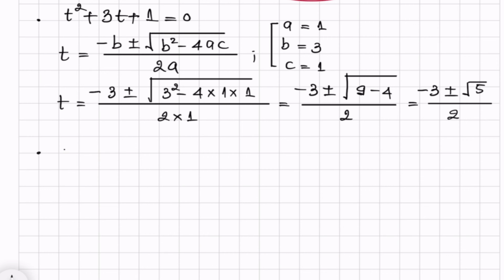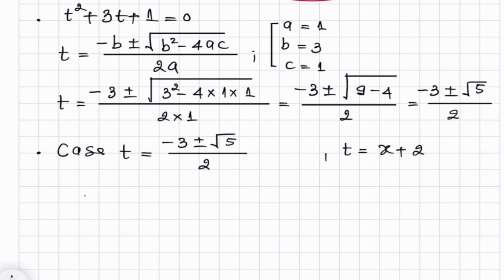So now in another case, we got t equal to (-3 plus or minus square root of 5) over 2, and we have to find the values of x. So t is x plus 2, so then we will get x plus 2 equal to (-3 plus or minus square root of 5) over 2.